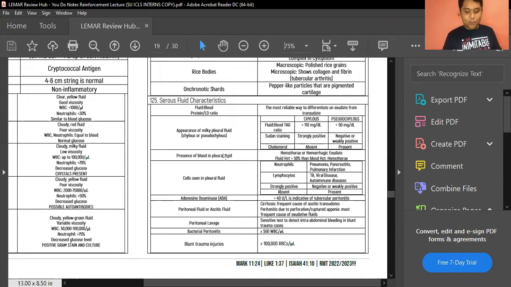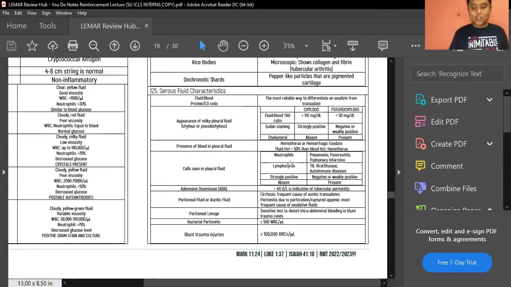Take note. Presence of blood in pleural fluid can be hemothorax or hemorrhagic effusion. If the fluid hematocrit is greater than 50% of the whole blood hematocrit, that is hemothorax. Let's say your fluid hematocrit is 35% compared to your blood hematocrit of 50%. Half of 50% is 25.